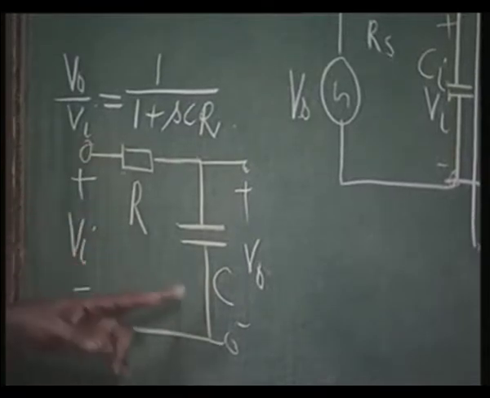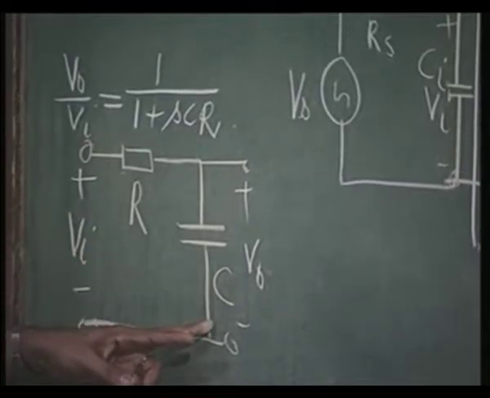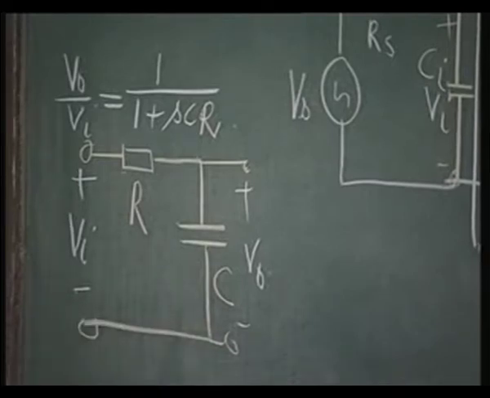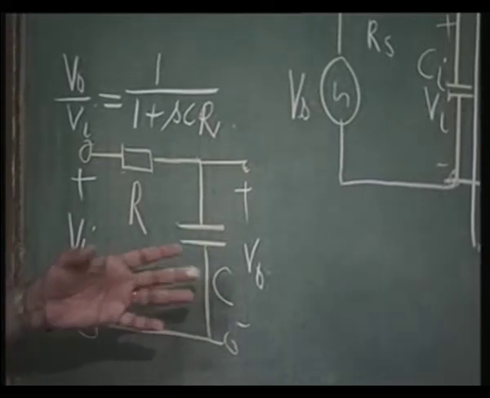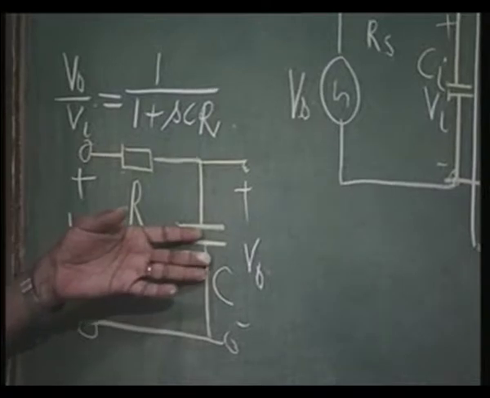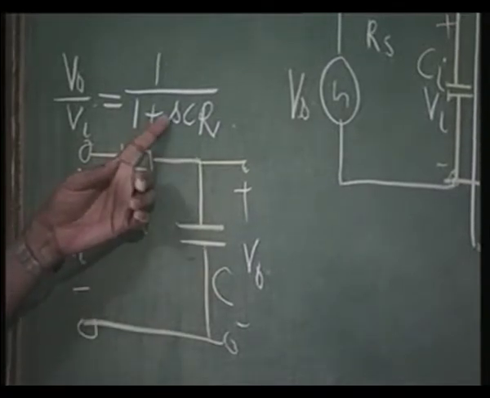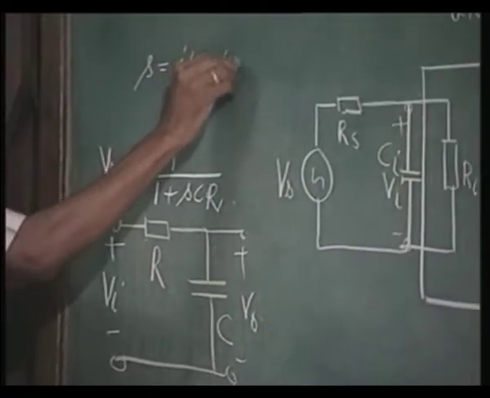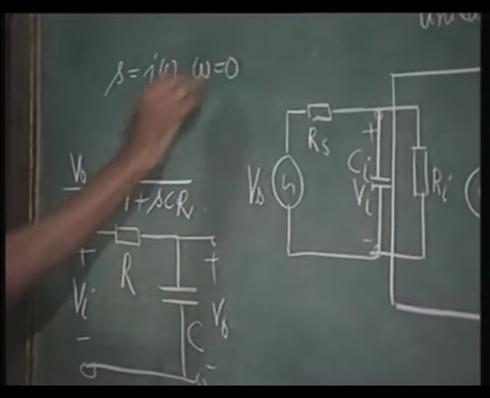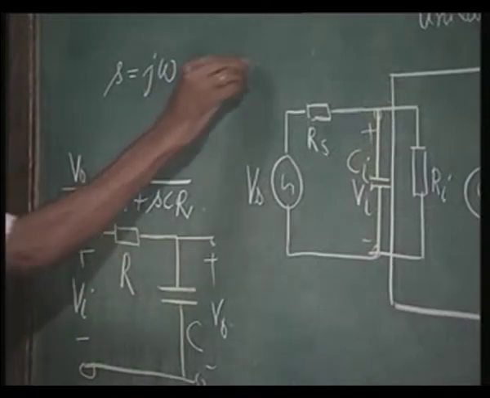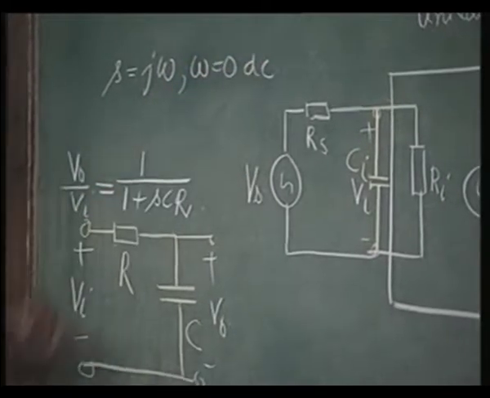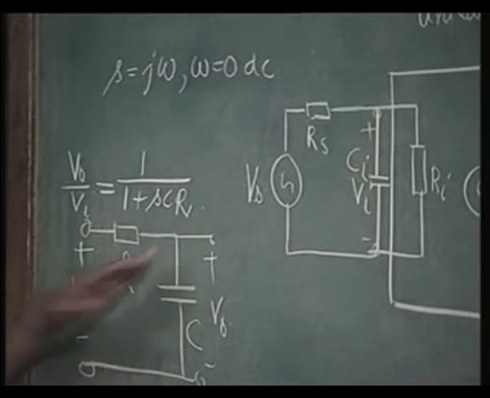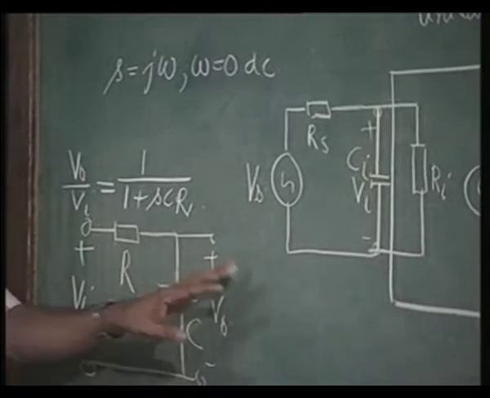How did we get that? Because for capacitance we can consider that it is an open circuit at low frequencies. So, put S equal to j omega and omega equal to 0, that is DC, then you get this as 1, that is true, because no attenuation occurs due to this. So, V naught is equal to Vi.